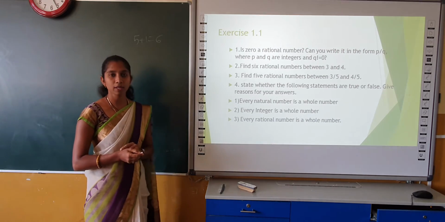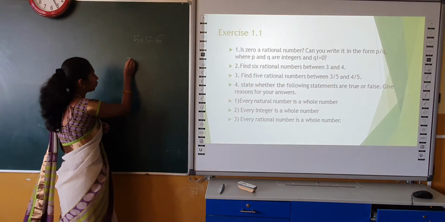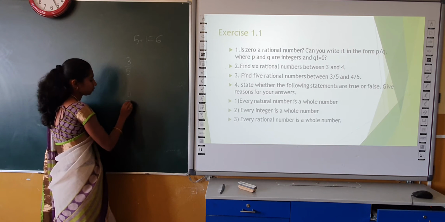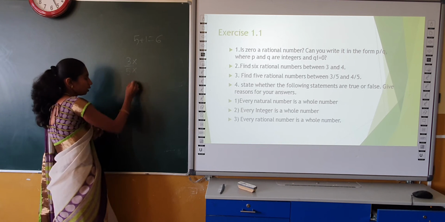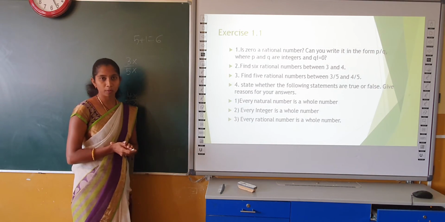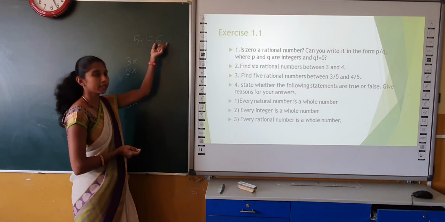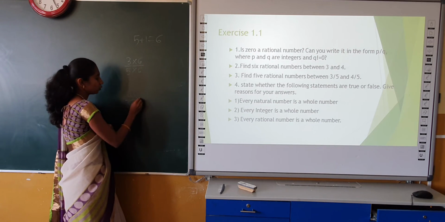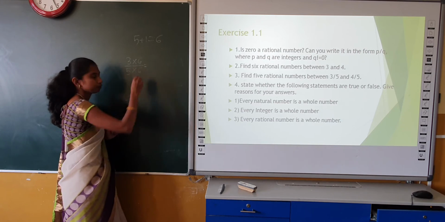Between which numbers? 3 by 5 and 4 by 5. Write down these 2 numbers. The procedure is the same as the previous problem. What should you do next? Take this 6, and multiply it to both numerator and denominator of both the numbers.